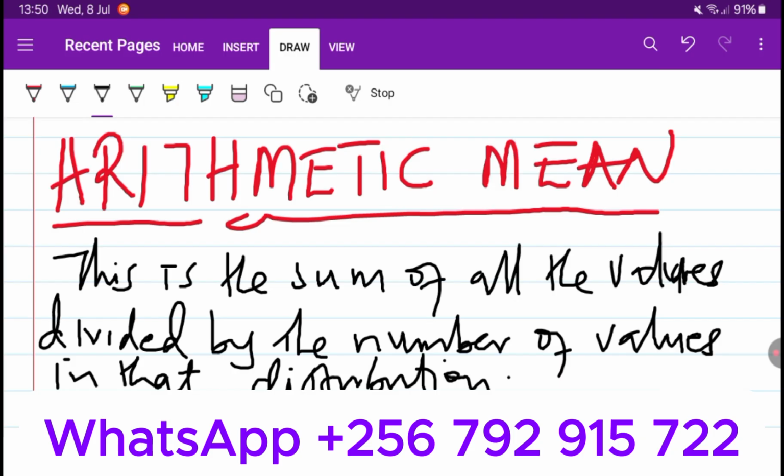So arithmetic mean is a good measure, but cannot be effectively used when maybe the distribution has open-ended classes, when maybe some of the classes are too far away from the normal values.